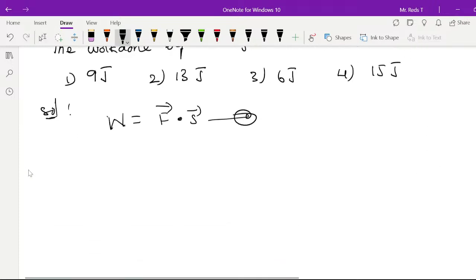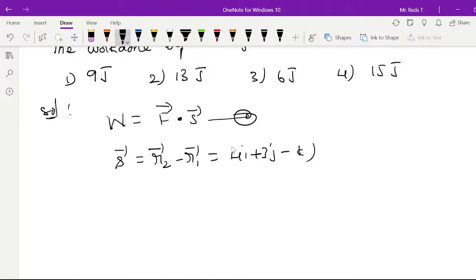Directly, S bar is equal to R2 bar minus R1 bar, where R2 bar is the final position vector, 4i cap plus 3j minus k, minus the initial position vector 2i plus k. If you simplify this, you will get 4i minus 2i.